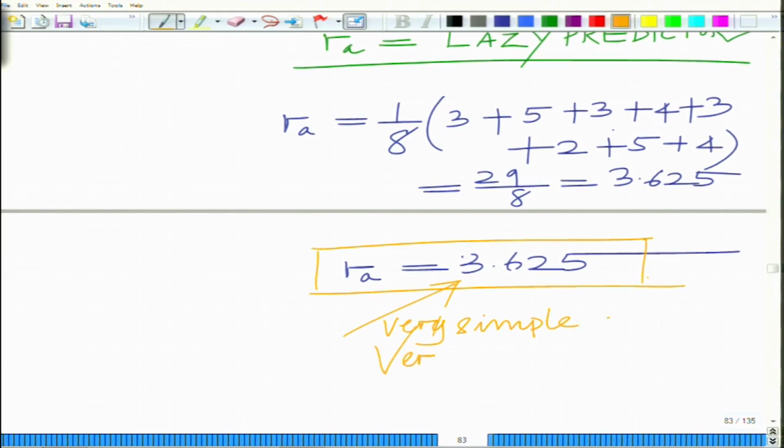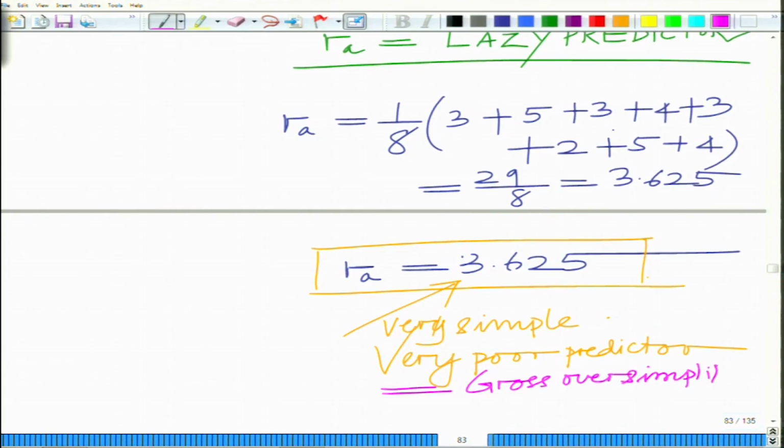but caution, this is a very poor predictor because this is a gross oversimplification. Why is that?